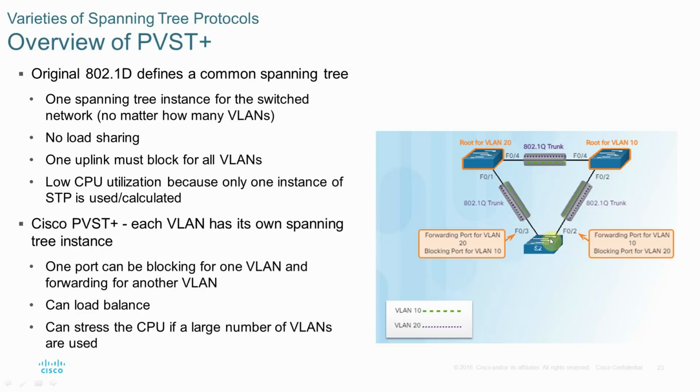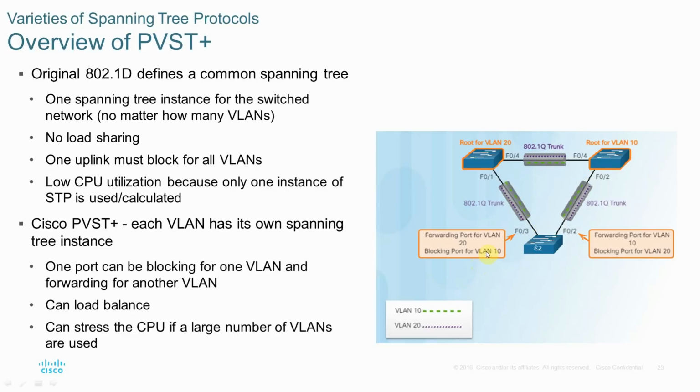This means a different instance of spanning tree is running on the switch, so both links are used simultaneously: one link sends traffic for VLAN 10, another sends traffic for VLAN 20.